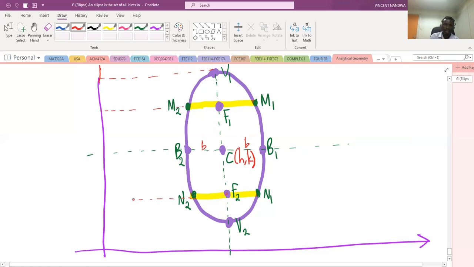And just extend these lines to the axis so that we are able to read the coordinates with ease. Because this is h, k, so this must be k, this must be h.